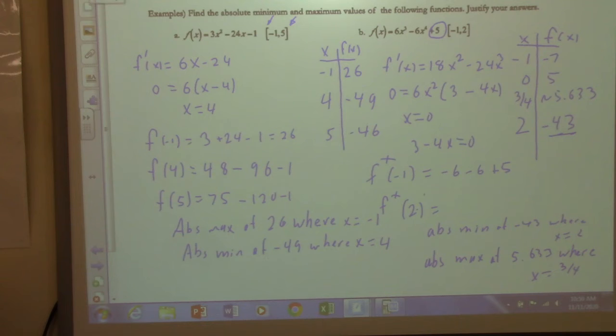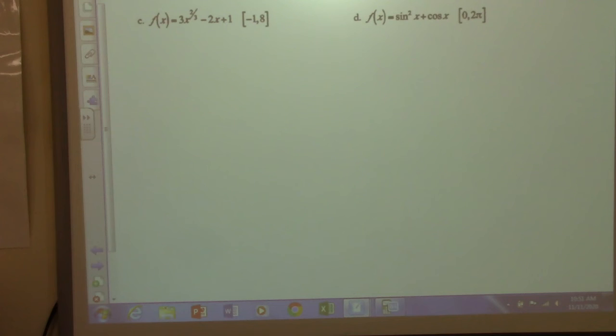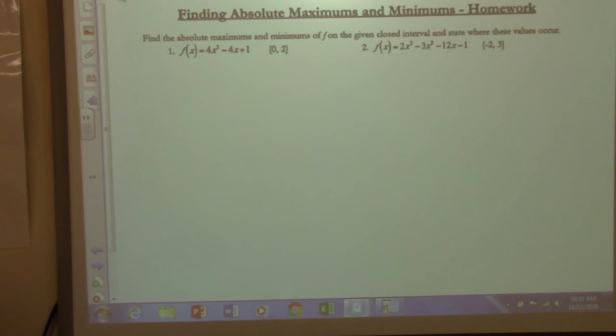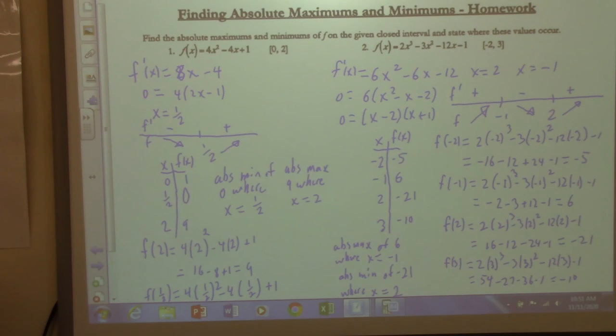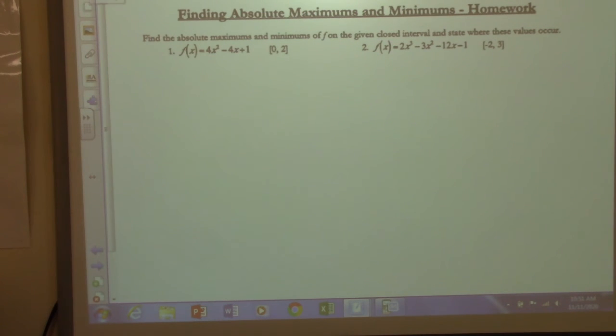Okay, let's get on to the classwork section here, which is going to be, because we haven't really gone into sine and cosine much yet, we're going to do that soon. Okay, so here we are to this section that says homework. You see that? You're killing me here.